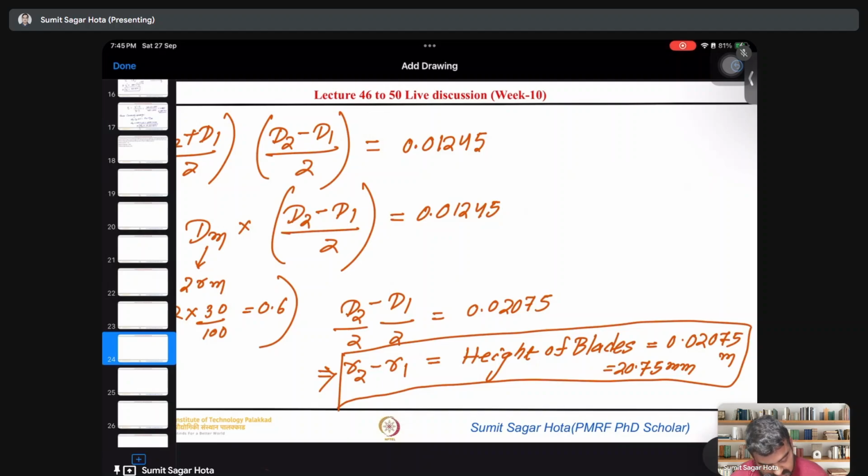So this is the blade height, and this is the answer. All the blade angles we already found out.